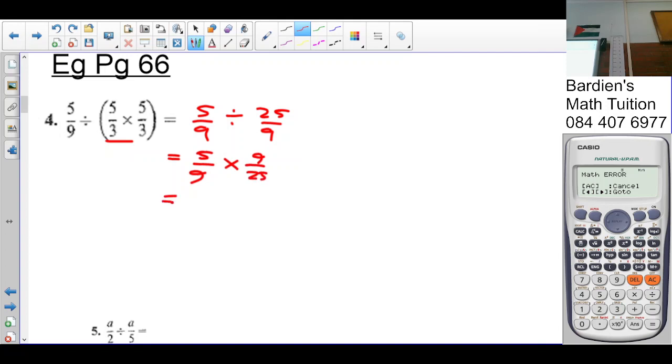Hang on, you don't find the LCM. No. Find the product. 9 goes into 9 once, 5 goes into 5 once, 5 into 25. 1 times 1 is 1, 1 times 5 is 5. You guys understand?